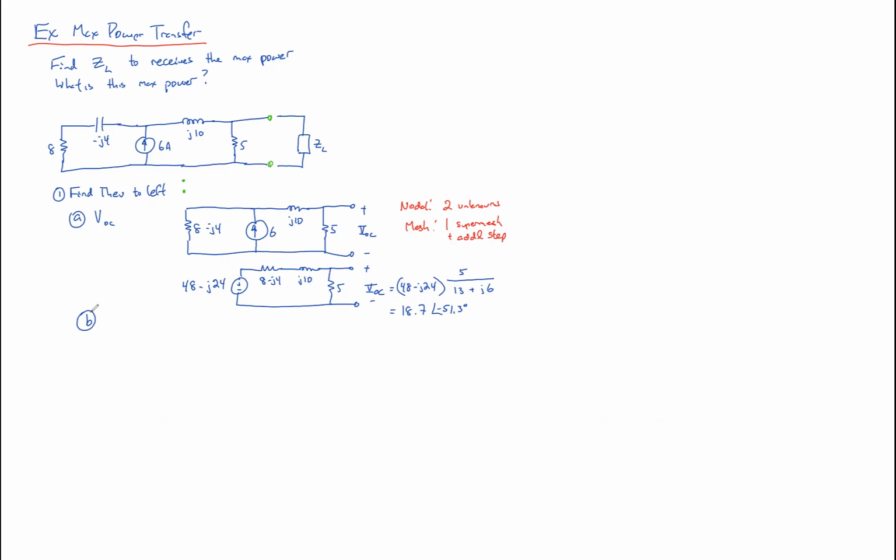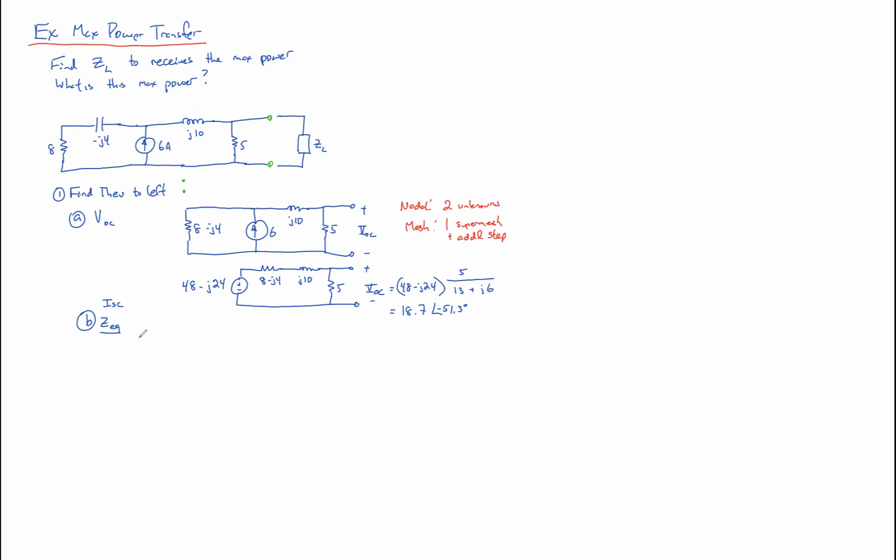Our next step is to find not what the VOC is, but what the Z equivalent is. Now we could have found what the short circuit current is, which would require a similar amount of work, and then divided VOC by I short circuit to find ZEQ. But it's usually faster to find ZEQ directly, especially if we don't have dependent sources.